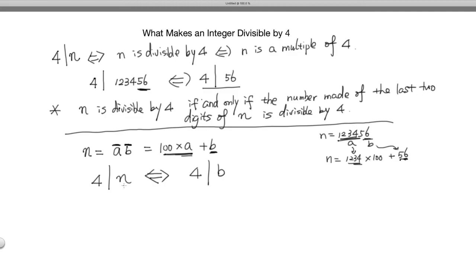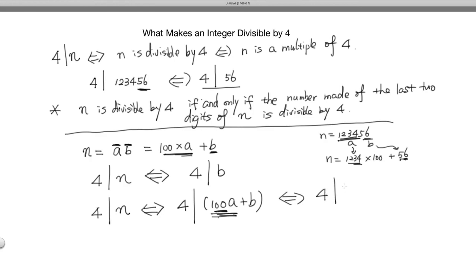Why is that true? Because n being a multiple of 4 is equivalent to 100a plus b being a multiple of 4. But 100a is already a multiple of 4 because 100 is a multiple of 4. So this is equivalent to saying that b is a multiple of 4.